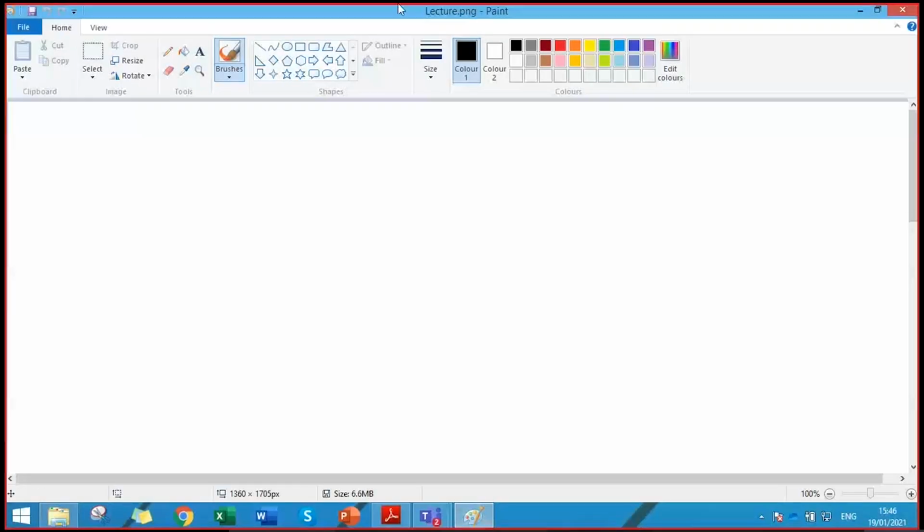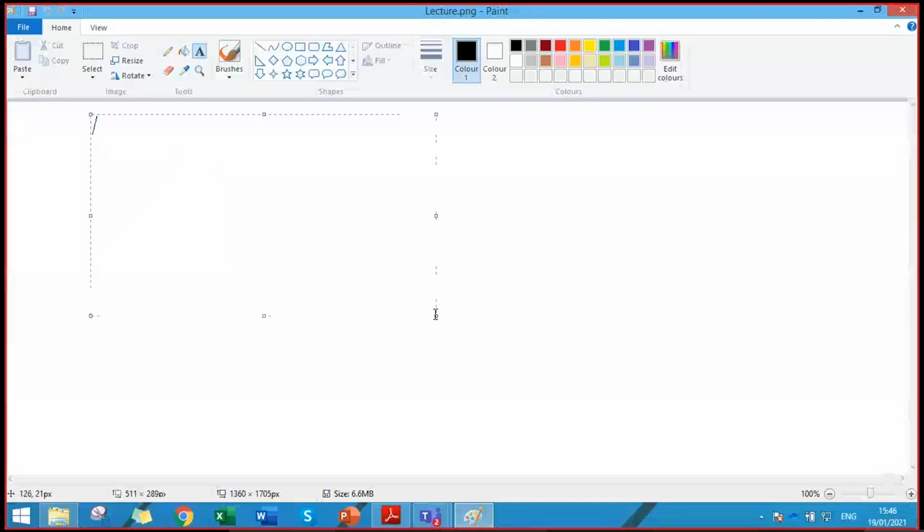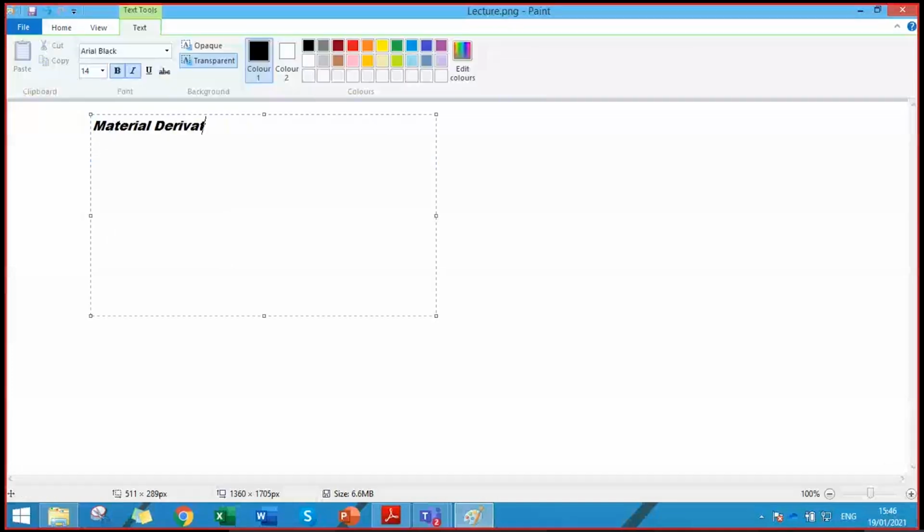Good day to you. In the last week, we were discussing chapter number 4. We basically discussed the material derivative, and based on that, we discussed the Reynolds transport theorem.